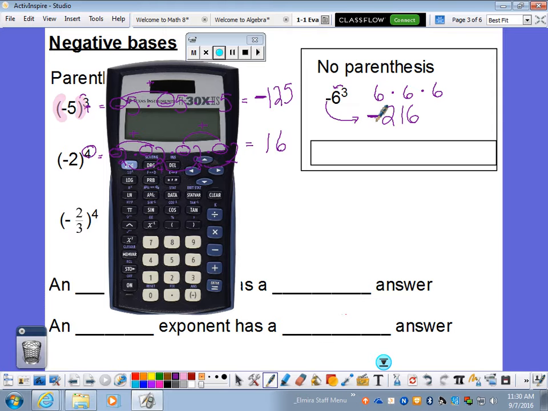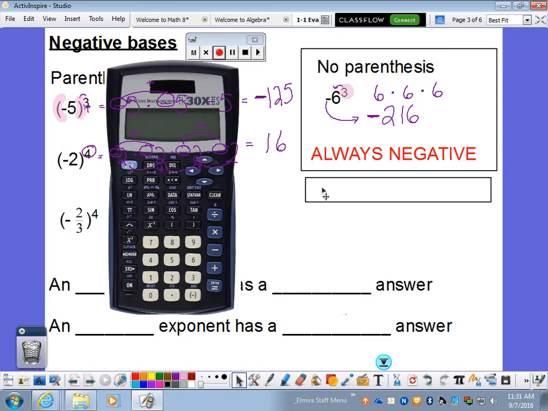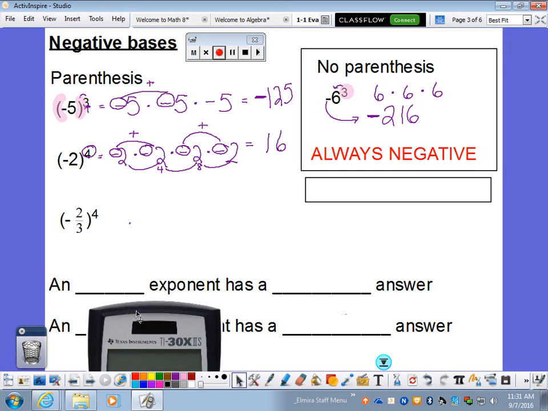Okay? And it won't matter now if this exponent here is even or odd, because the negative sign is separate from the exponent. No matter what the exponent is, the answer with no parentheses is always negative. So if you see parentheses, they're important. And you have to type them in.